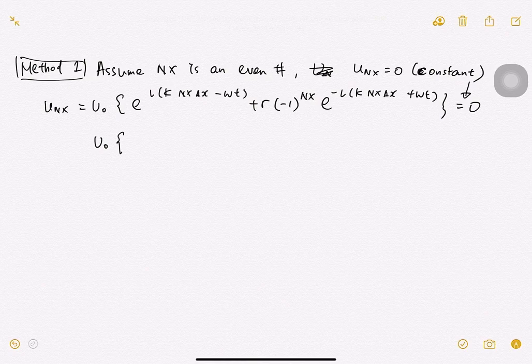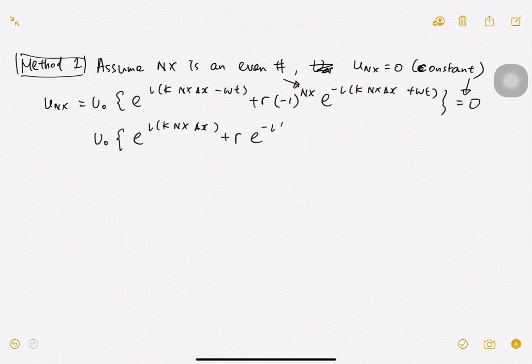We get e to the power of iota k nx delta x plus r times, because we know that nx is an even number, so the minus 1 term will be 1, e to the power of minus iota k nx delta x, times e to the power of minus iota omega t, equals 0.